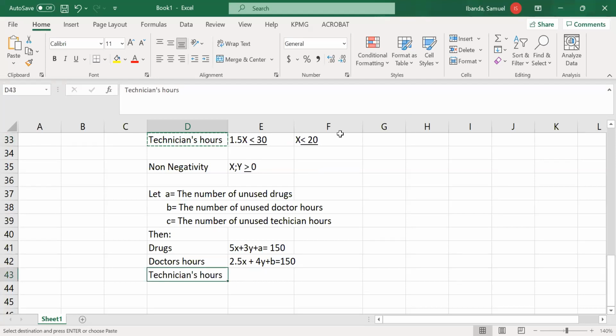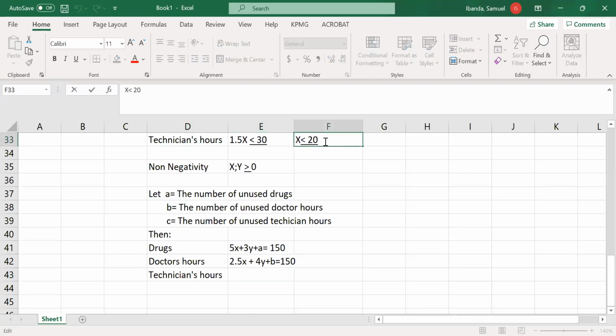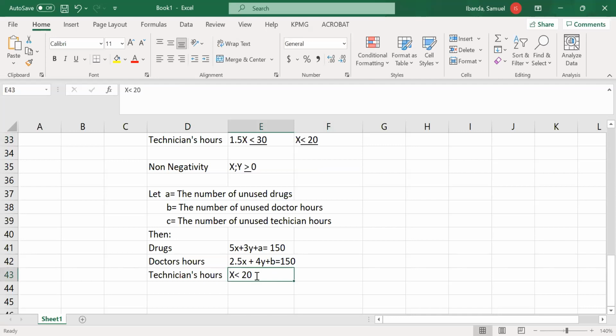So we have x less or equal to 20, so it will be x plus c equaling to 20. That is what we basically have.